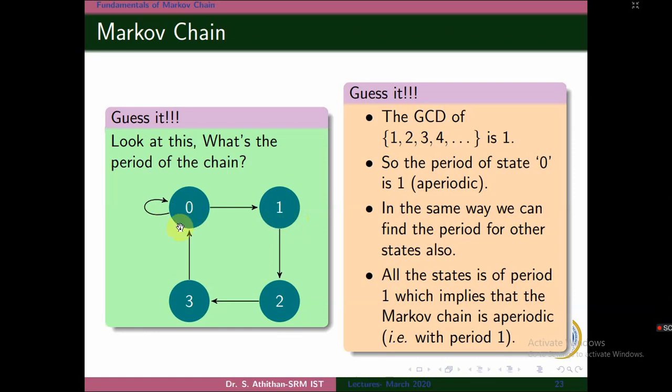But here, if you come back, it may be 4, 5, 6, or 7. The GCD will be 1 only. So if any state has period 1, that is aperiodic, and it communicates in the same way with others. So all the states are aperiodic. Even though the minimum period is 4, with 4 and 5 the GCD will be 1.